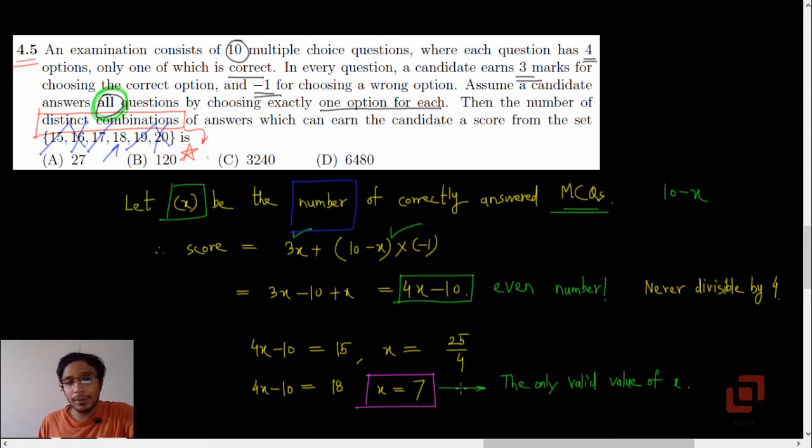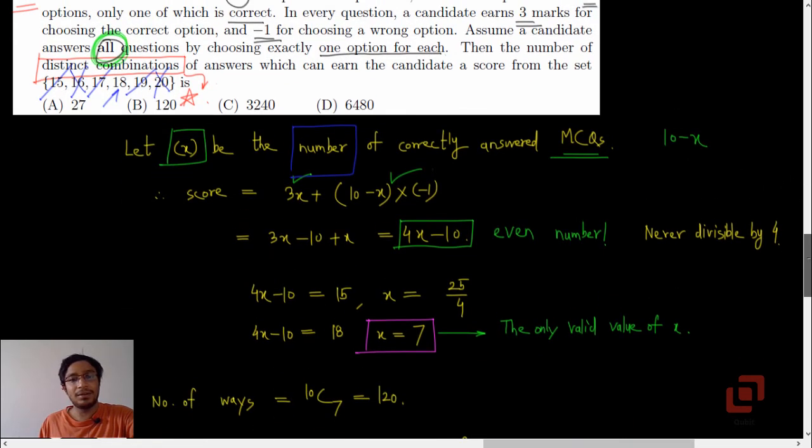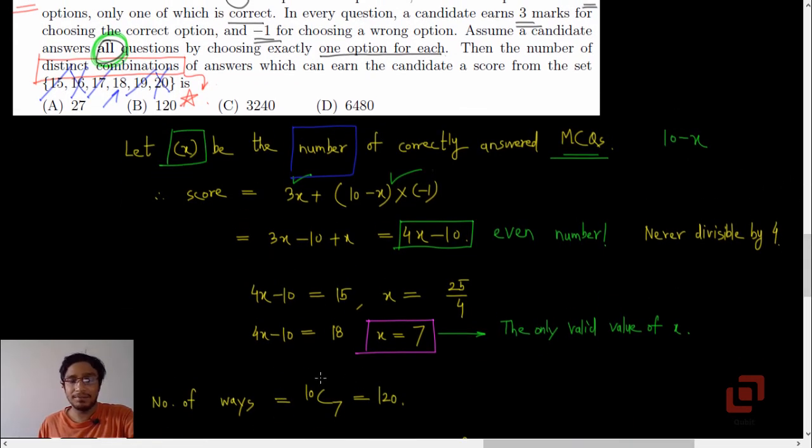Now if you remember solving problems on binomial distribution, then this will remind you that the answer may be 10C7, selecting 7 correctly marked questions from 10. So you may think that the number of ways is 120. But that's not true, because they are saying distinct combinations of the answers, and that phrase is now going to come into play.